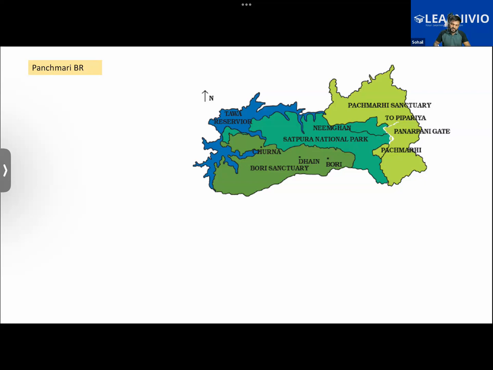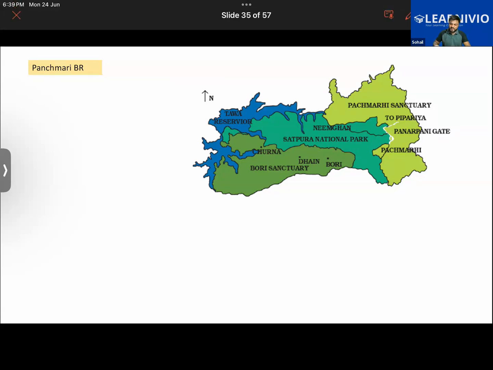You know, there are two Ghats in India, Eastern Ghat and Western Ghat. This is Eastern Ghat. You would have studied about it in geography. And this is the Western Ghat. You guys getting it? What I'm trying to say? Yes, sir. So there is Eastern Ghat and Western Ghat in India.